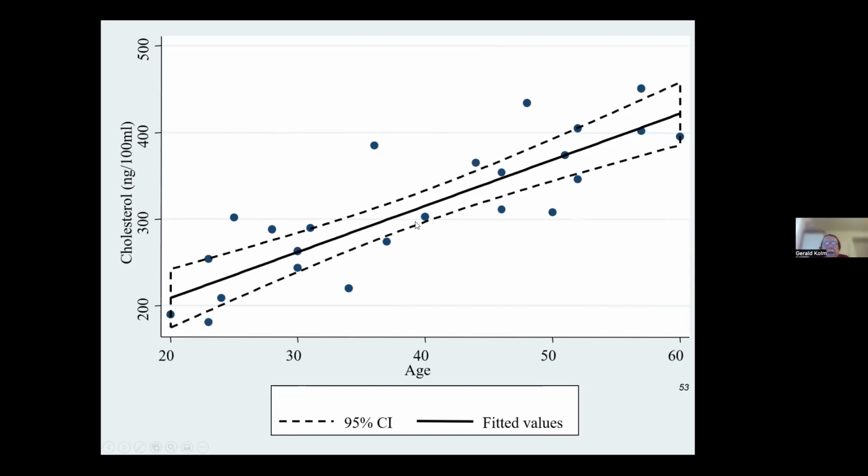They're smallest at the mean age, which is around 40, but as you get near the extremes, the confidence interval becomes wider. So if you see a regression line in the literature that has straight lines here for the confidence interval, then they've not computed it correctly, because it should have this nonlinear look to it.